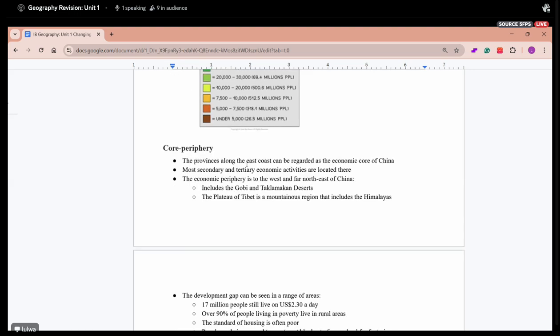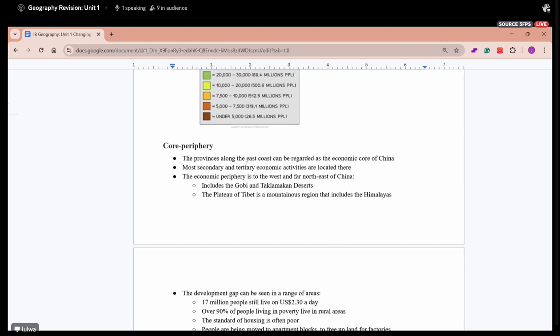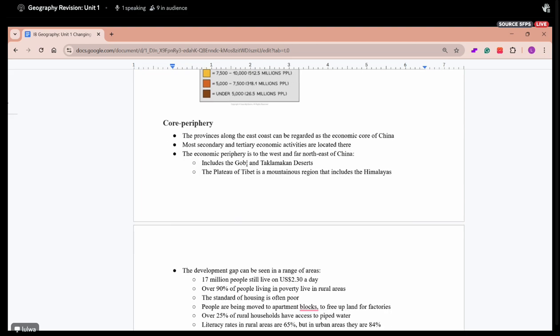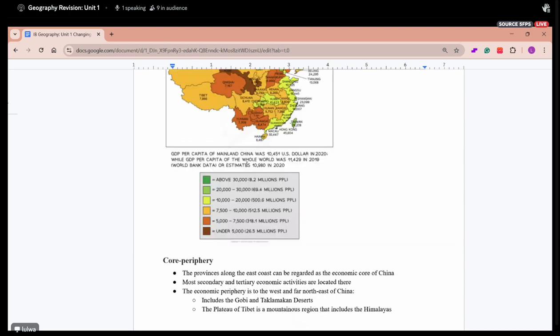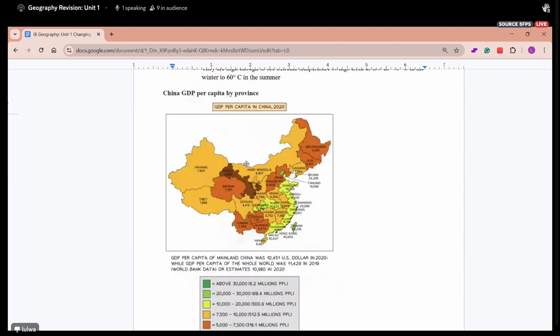The economic periphery is to the west and far northeast of China, which includes the deserts. Just a reminder, periphery, core. The core is the center of the economy or economic businesses in the country. As you can see here, Eastern China is the core. And then the periphery, which is, for example, the borders or the outside, would be Western China.